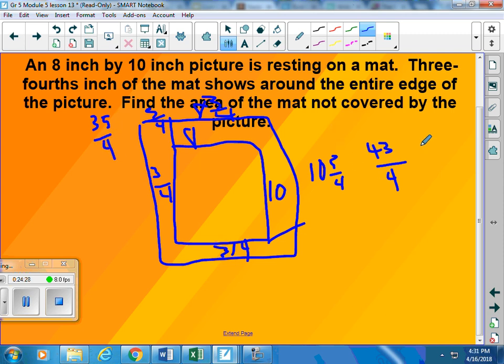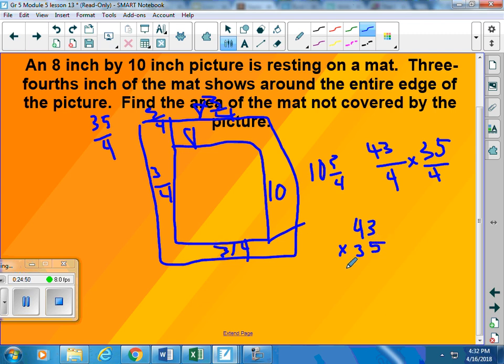Man, so already I see that this is going to be some serious math because I cannot cross simplify with these. I'm going to have to multiply out 43 times 35.